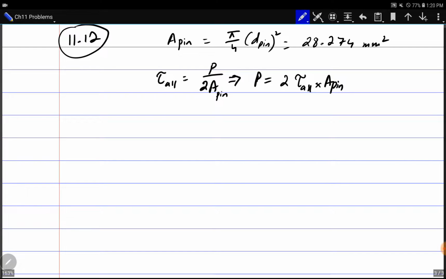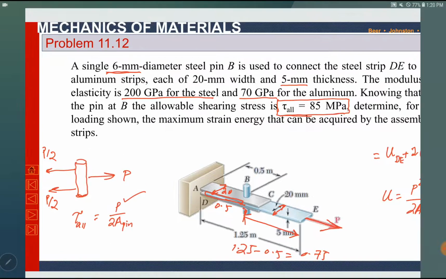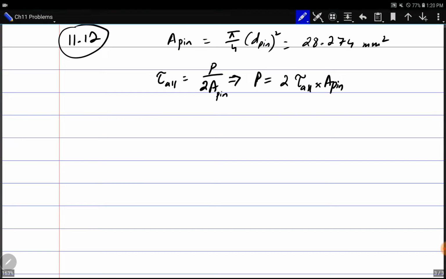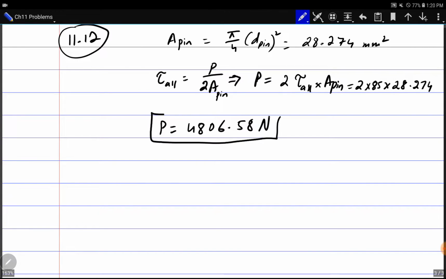Putting in all the values, tau allowable is given here, it is 85 megapascal. We can use millimeters with megapascals. 2 into 85 into 28.274. So P becomes 4806.58 newtons.